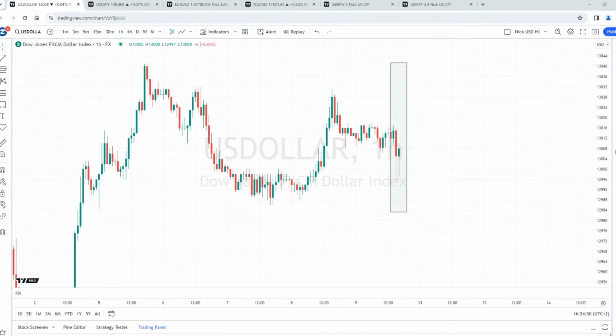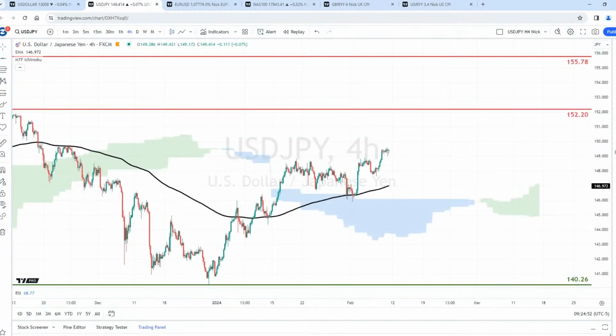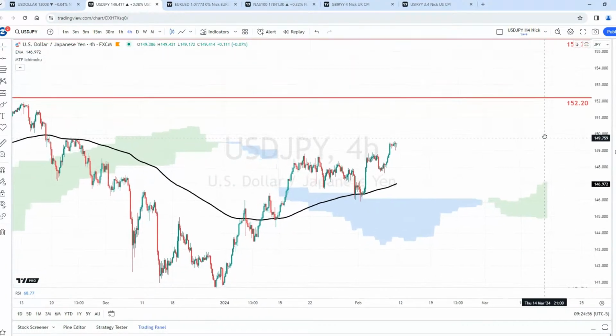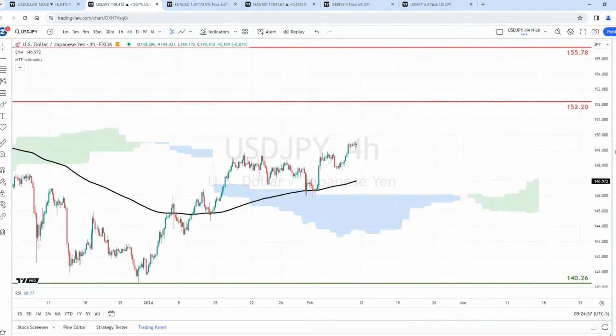Now, let's move to the USD versus the Japanese yen, which is in a position of strength. It runs its second straight profitable month and gains this week due to the repricing around the Fed's policy path.